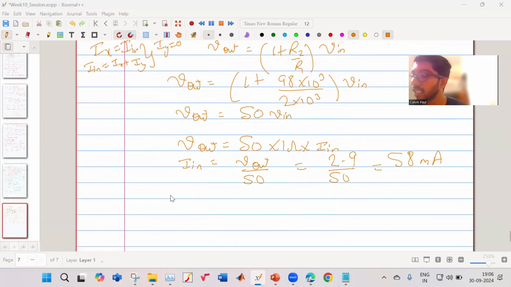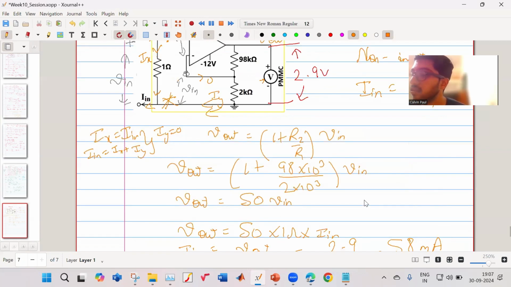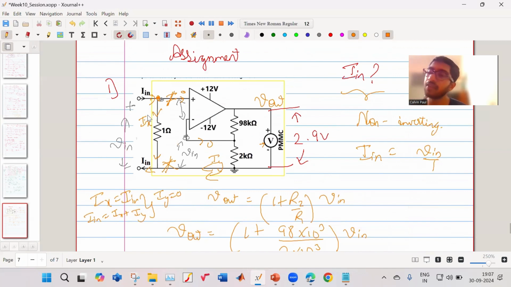It's a current to voltage converter circuit. The current information is converted into a voltage. That voltage information comes at the output, and that is measured using a voltmeter. So current information is converted to a proportional voltage.